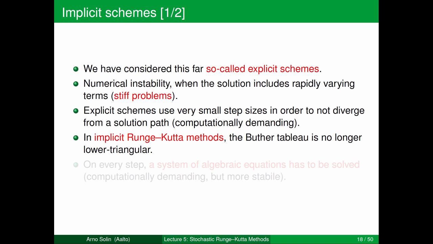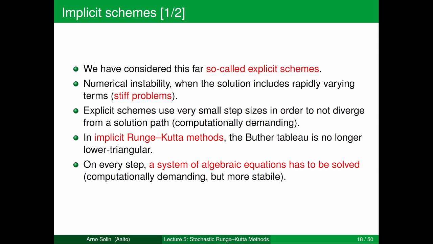Implicit Runge-Kutta methods, where the Butcher tableau is no longer lower triangular, but also include an upper triangular part, provide a remedy for this problem. However, this remedy comes at a cost. In order for every step to be calculated, a system of some algebraic equation need to be solved.